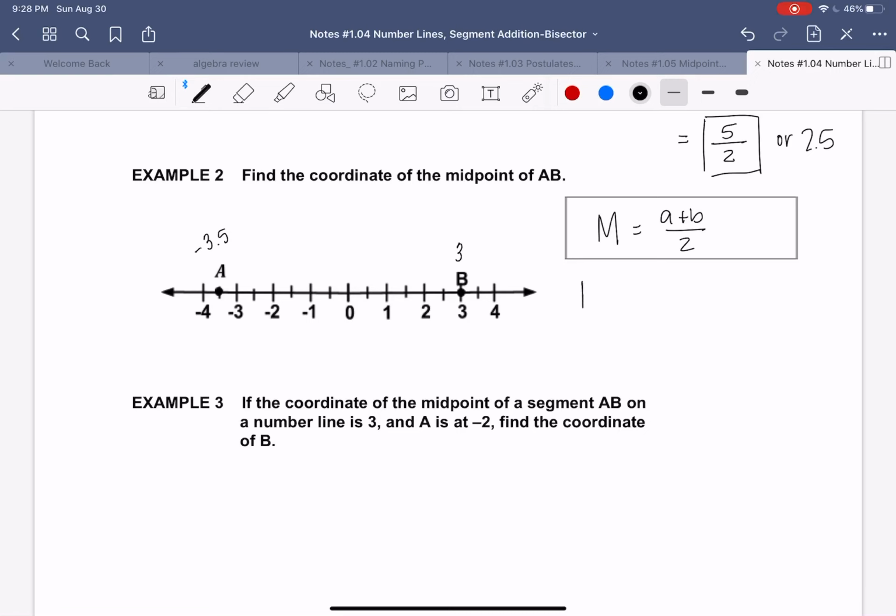So we're just going to plug in -3.5 for A plus 3 all over 2. Remember, we're going to solve the top first. So -3.5 plus 3 would leave us with -0.5 all over 2. Again, you can leave it in this, or you can put it in a decimal.